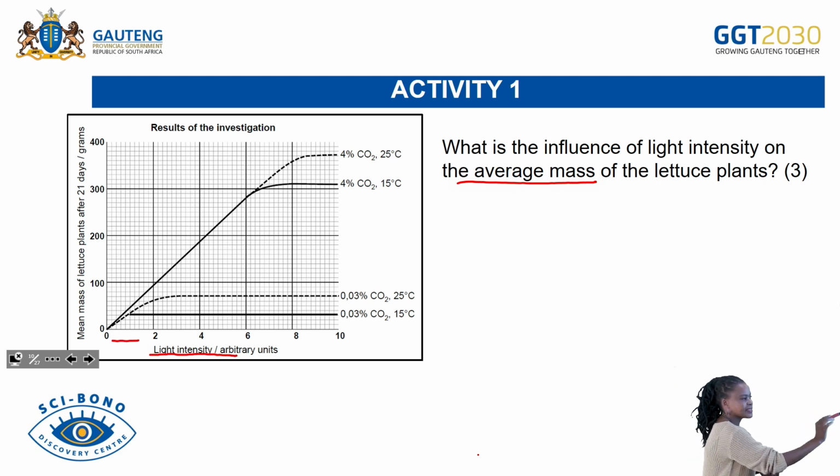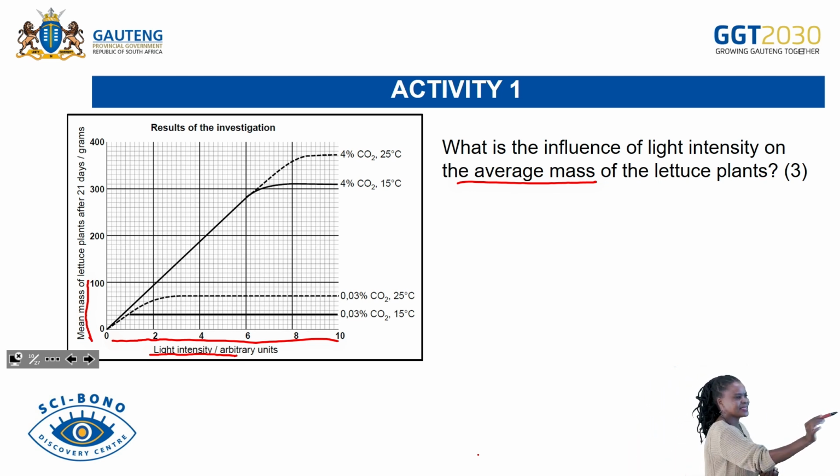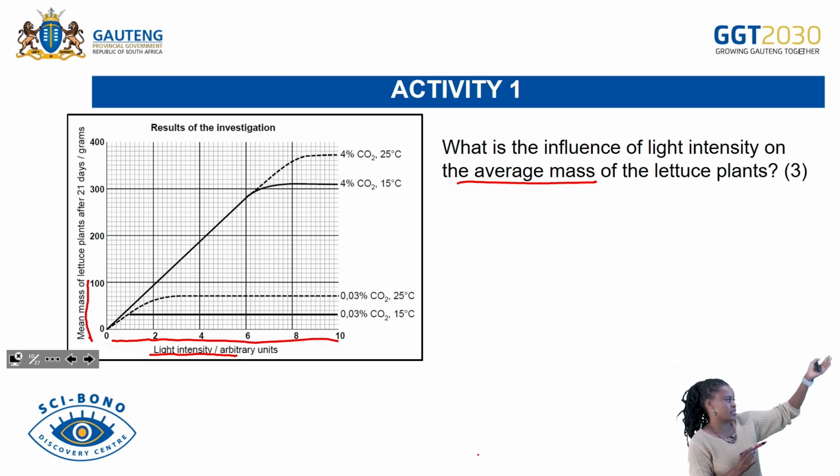So our light intensity starts from 0 up to 10. So what is the influence of this light intensity over the mass or the average mass of lettuce? What is happening with light intensity, and that contributes to whatever you see on our mass of lettuce.